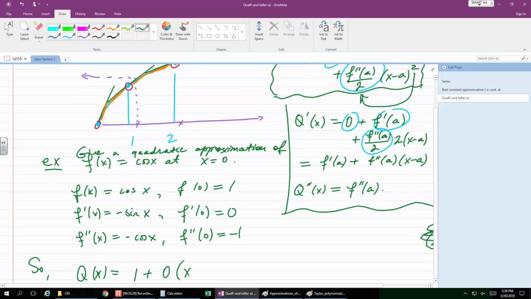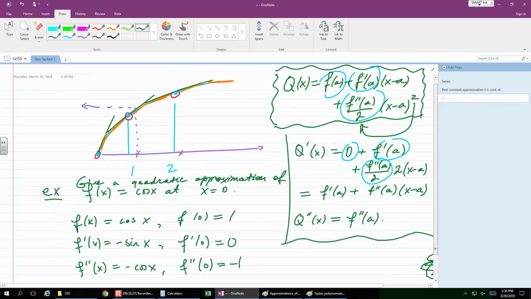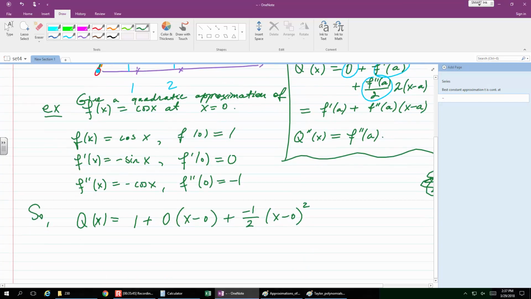Well, just in case I write it here, even though it is a 0 term, I just want to ensure that we match everything that we have in our formula for the quadratic approximation. And then the second derivative divided by 2, so it's -1 divided by 2, times x minus 0 squared. Okay, so I just plugged those numbers into my formula. If I simplify, I have 1 minus x squared over 2.